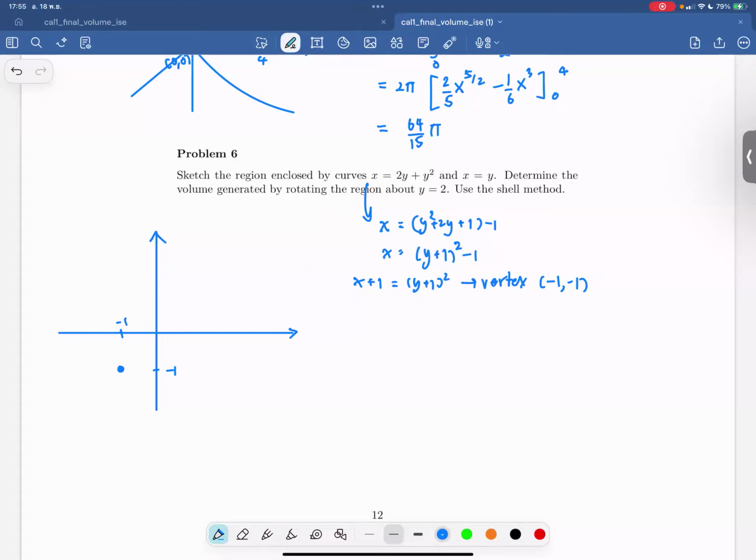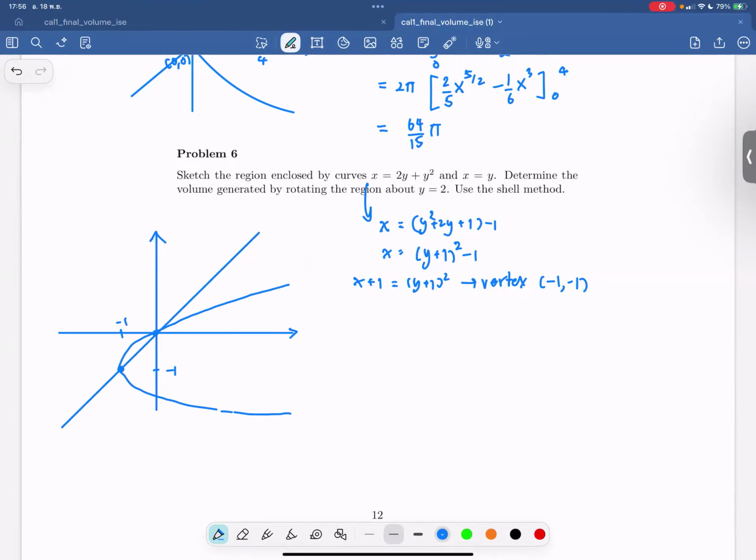And then when x equal to 0, y equal to 0, right? So it looks like this, and we should draw more of the parabola. And the other equation is x equal to y.